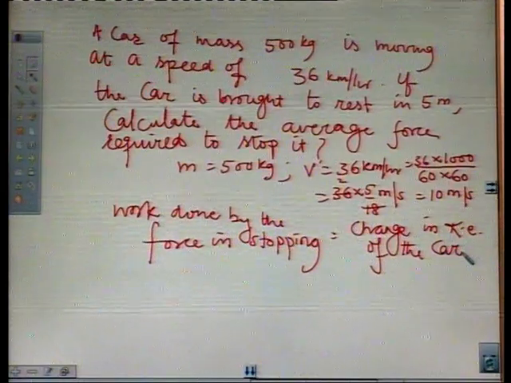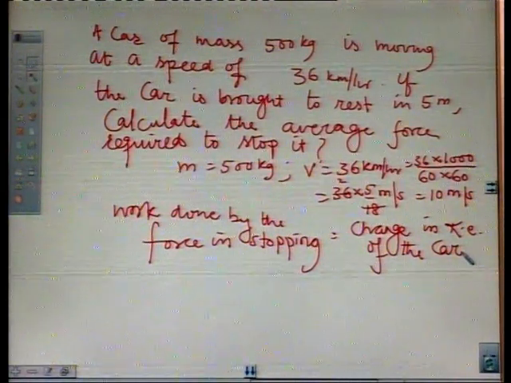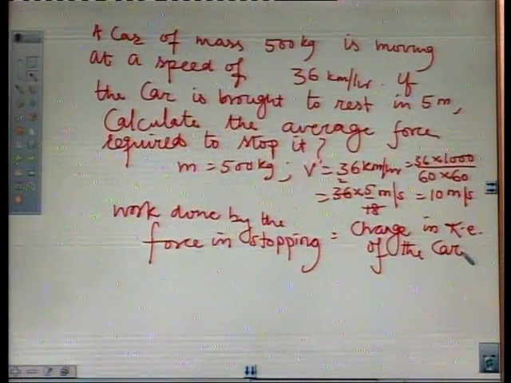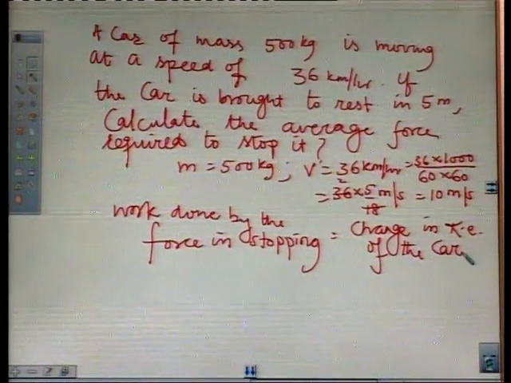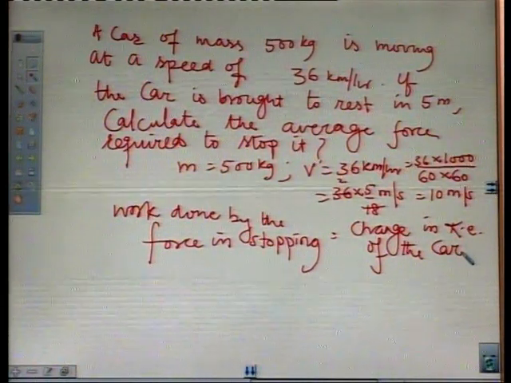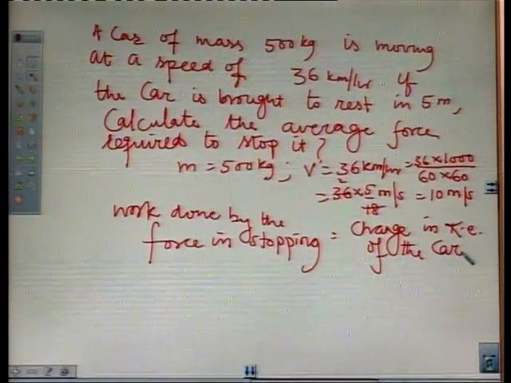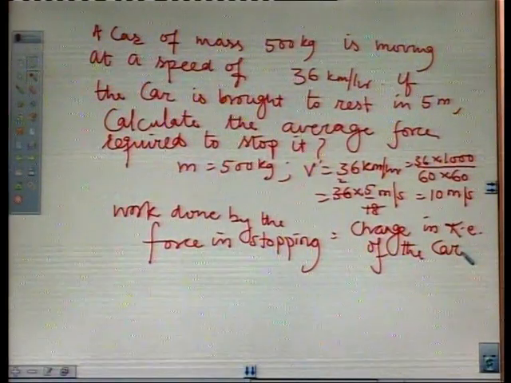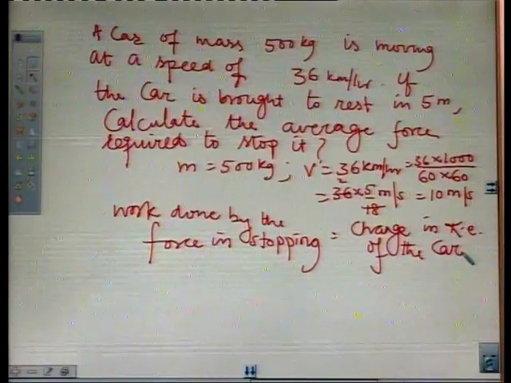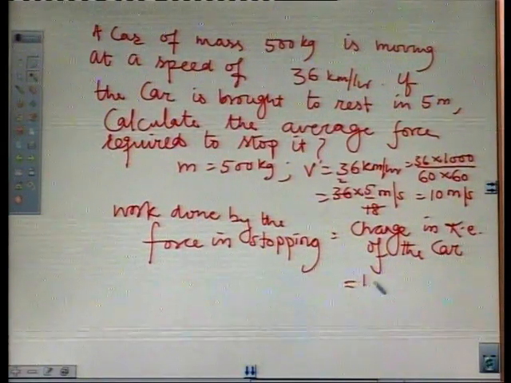In the work energy theorem we studied that work done by the force on a body is equal to the change in kinetic energy. Finally, the car has stopped. This means its final kinetic energy is 0. So, initial kinetic energy is half mv square.